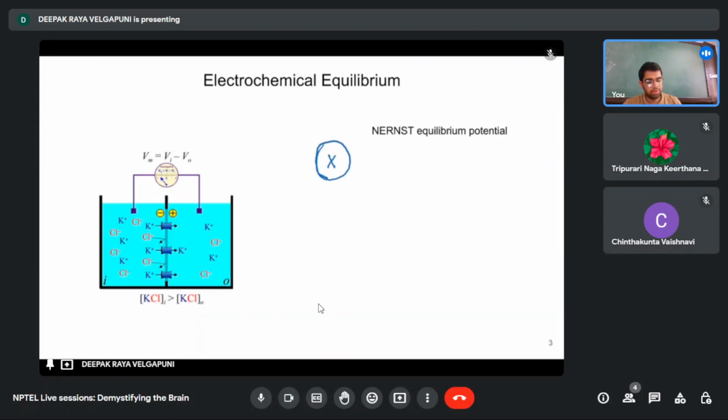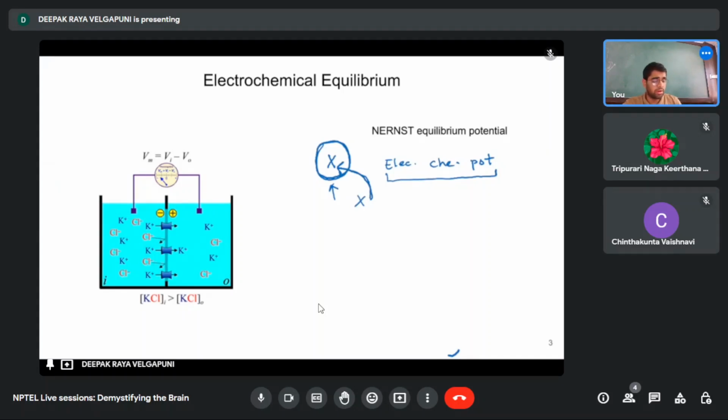Let's say this circle is a location in which we are considering chemical species X, and for every chemical species we know that there exists an electrochemical potential. What this potential tells us is how easy or difficult it is to add a few more species of X to this location. How easy or difficult it is depends on the sign: if it is positive, it is easy; if it is less positive, it is difficult.